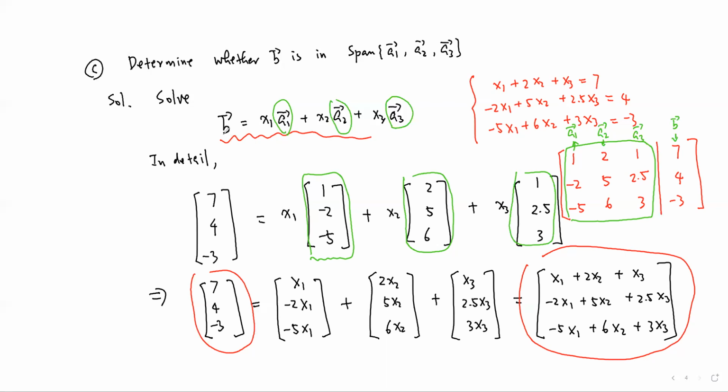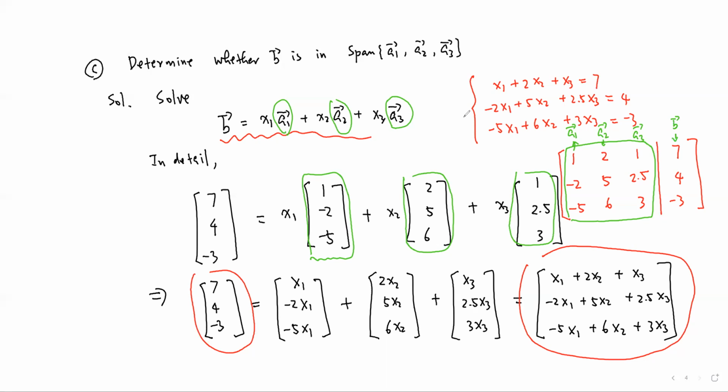So a vector equation is a linear system. How to write down the augmented matrix of the linear system? Easy. Put A1 first, then A2 as the second column, A3 as the third column, and then the last column is B. This is the augmented matrix.